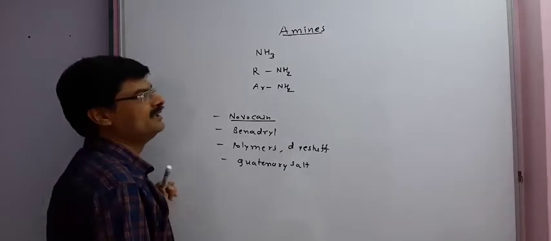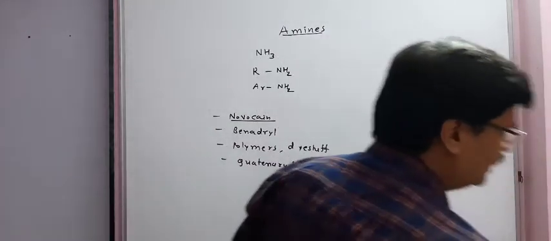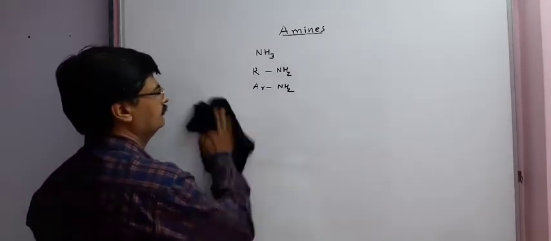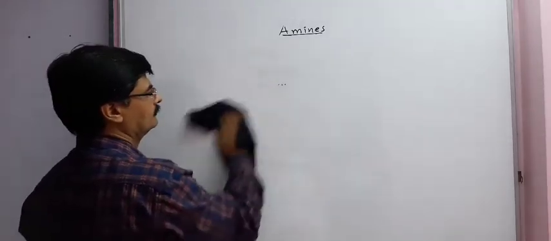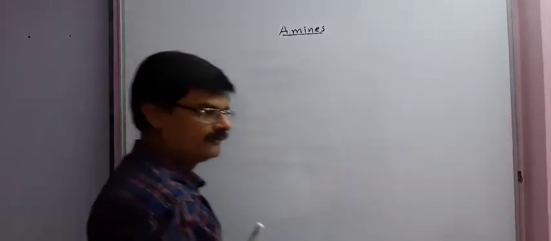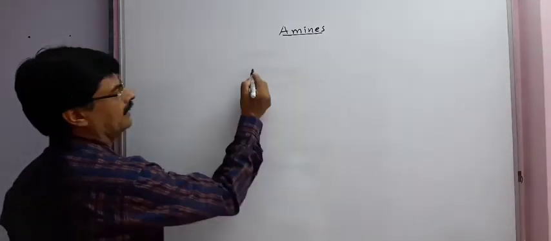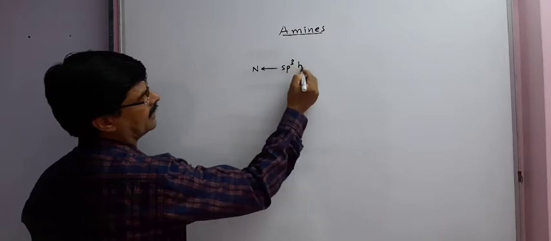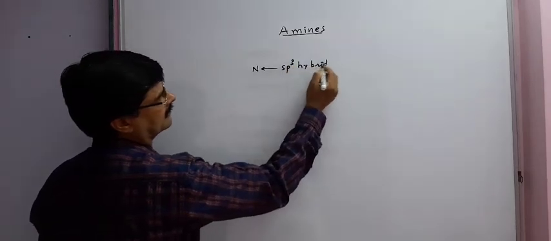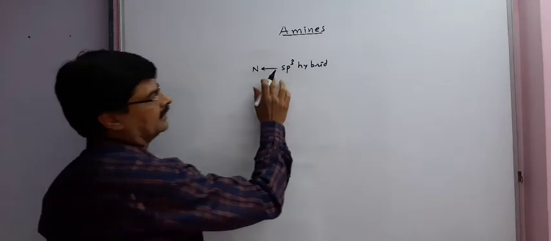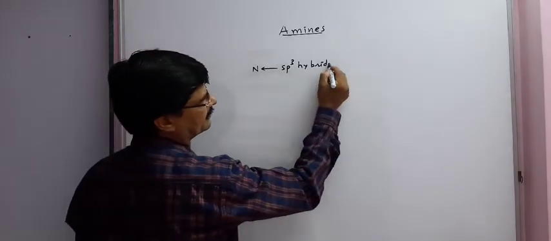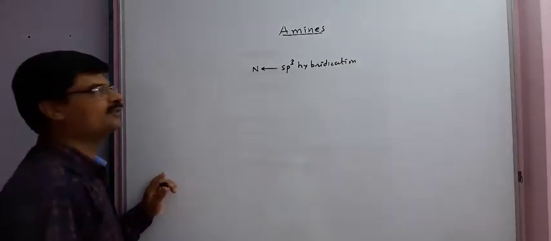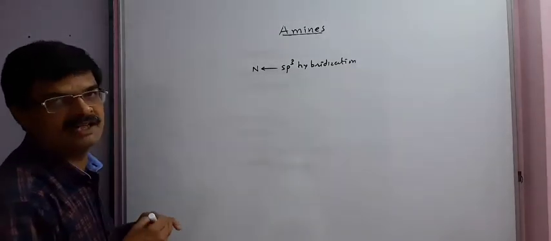Now first of all we will study the structure of alkyl amine or aryl amine. In amines, N is sp3 hybridized. The hybridization of nitrogen in amines is sp3. So the bond angle is found to be 109 degrees 28 minutes.